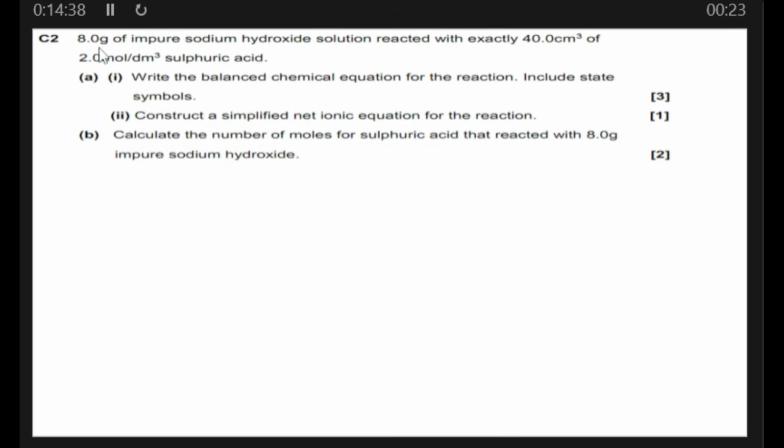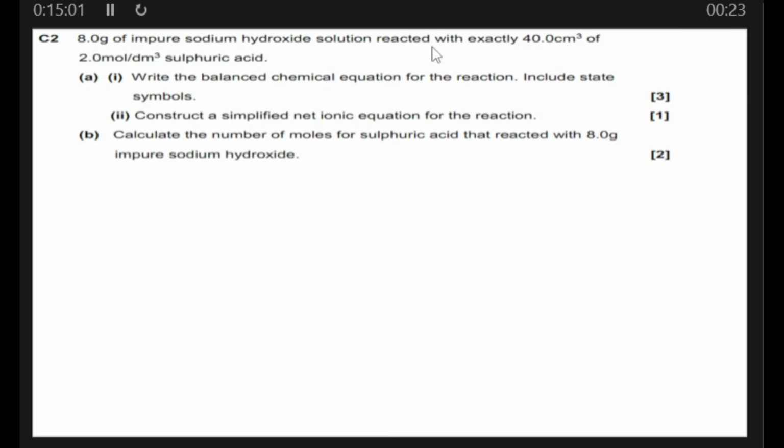So let's create space here and put the question here. We had this 8 grams of impure sodium hydroxide solution reacted with exactly 40 cubic centimeters of 2 mole per cubic decimeter sulfuric acid. So there's a word, exactly, here. This exactly reacted, meaning everything here got finished.